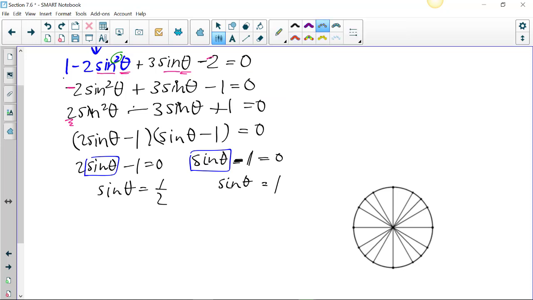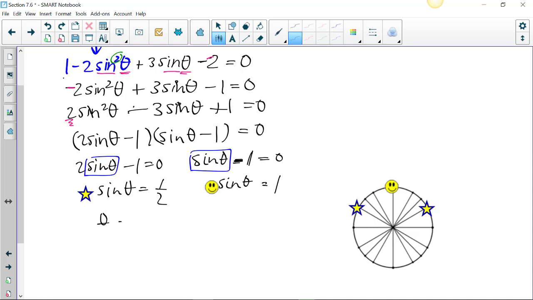So sine is 1/2, we're talking pi over 6, and sine is 1, we're talking basically positive 1 is going to be pi over 2. So 1/2 sine is positive in quadrant 1 and 2, so it'd be pi over 6 and 5 pi over 6. So I've got my angles between 0 and 2 pi.